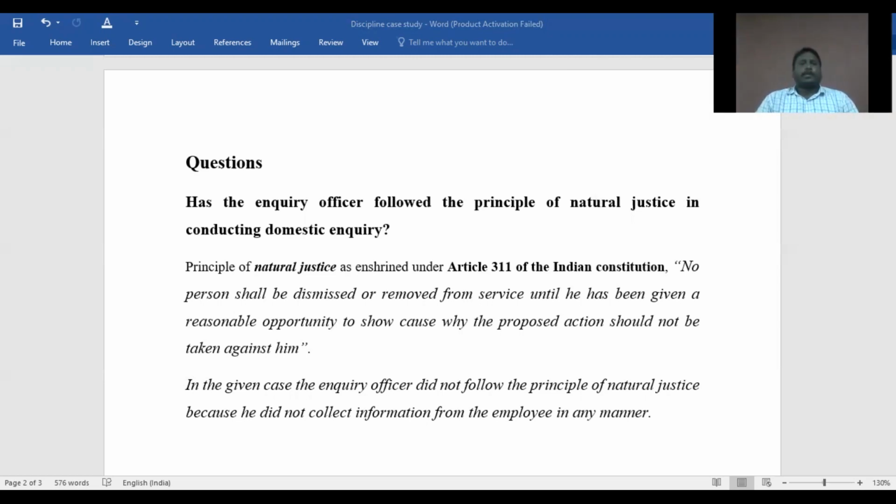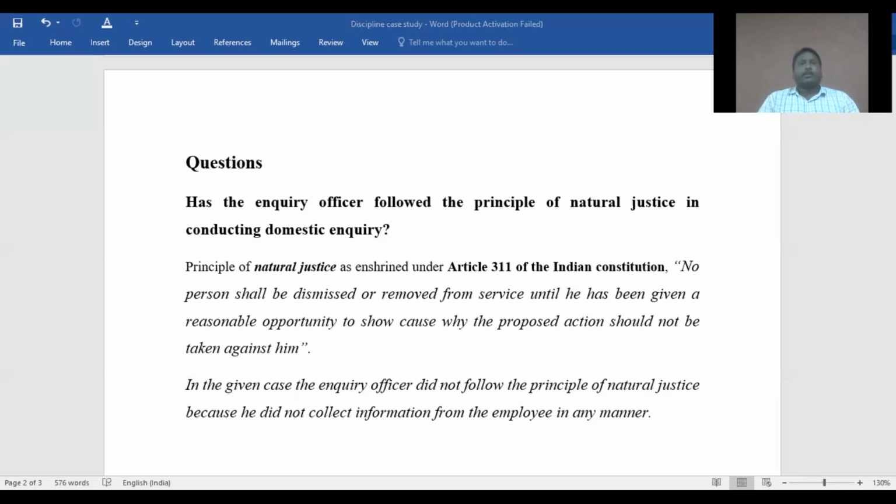So this principle says that no person shall be dismissed or removed from service until he has been given a reasonable opportunity to show cause why the proposed action should not be taken against him.